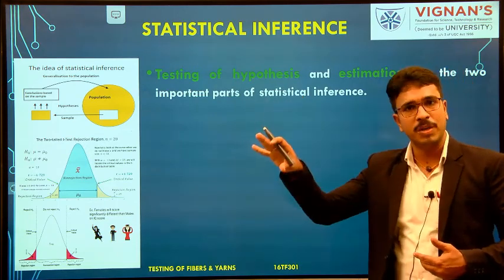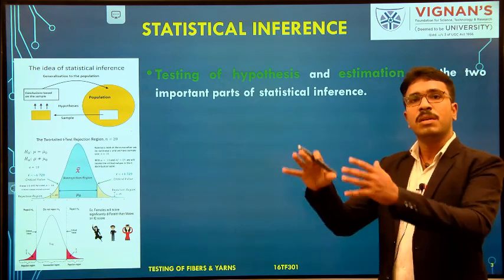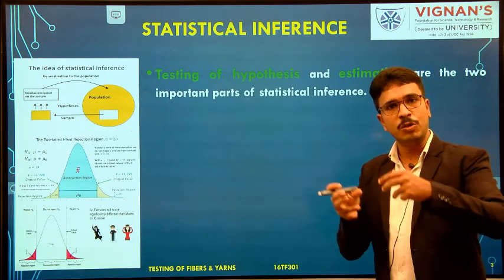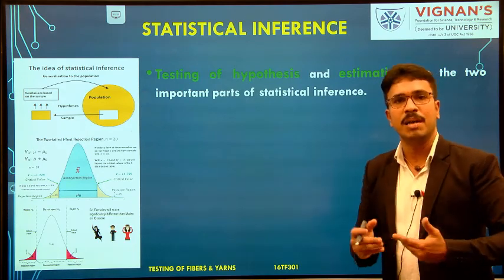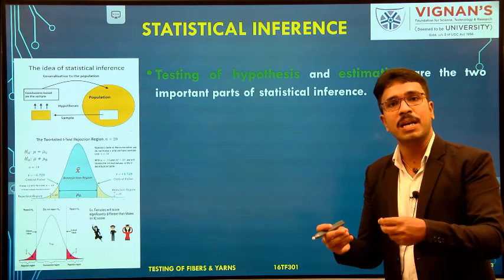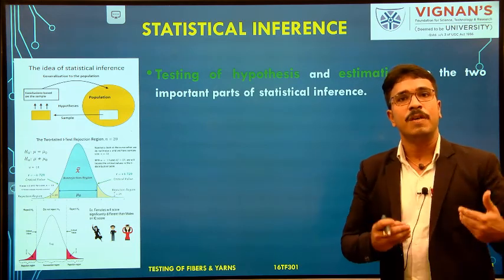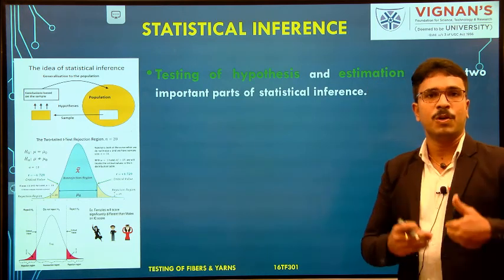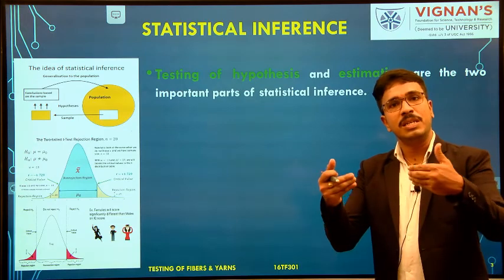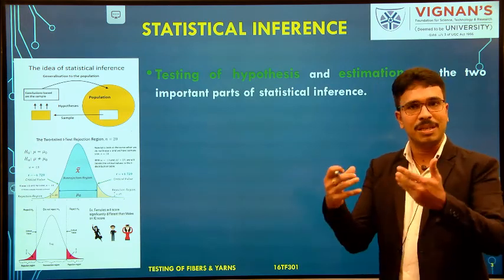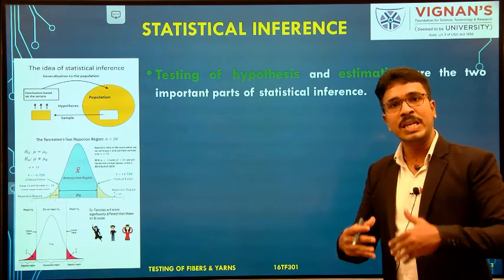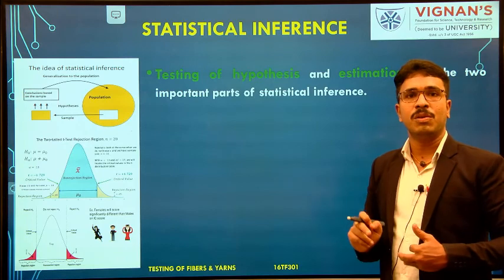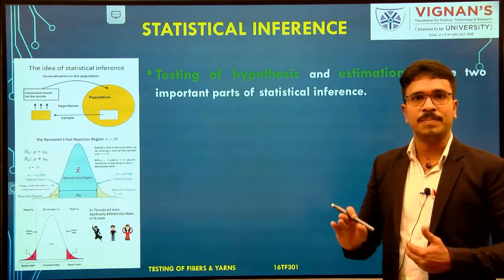There is a population, say for example, we have produced 1000 garments, and from the 1000 garments we have selected a few samples, say 20 samples, and for the 20 samples we have tested its fastness property. Now, whatever test results we have, that is nothing but our data. So, by looking at the data, we are going to claim about the population quality, that is the 1000 garments quality. Is it right?